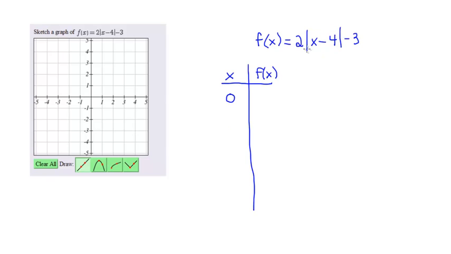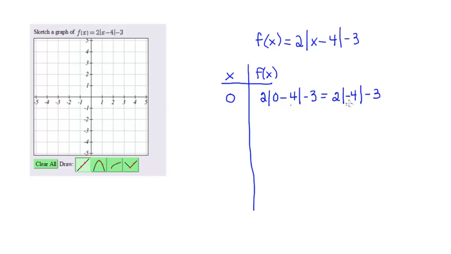And if I substitute 0 into my function, that means that f of 0 is 2 times the absolute value of 0 minus 4, minus 3. And if we go on to simplify this, we start inside our absolute value. 0 minus 4 is negative 4, so we have 2 times the absolute value of negative 4 minus 3.